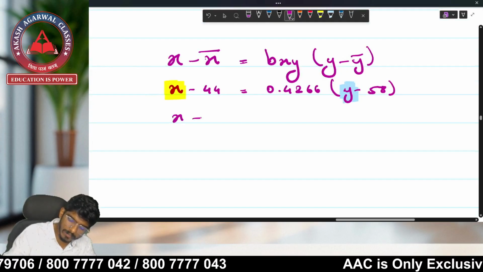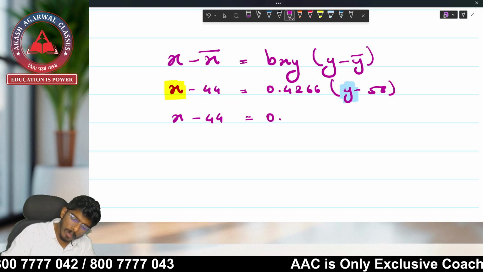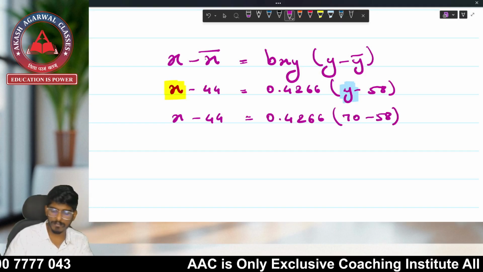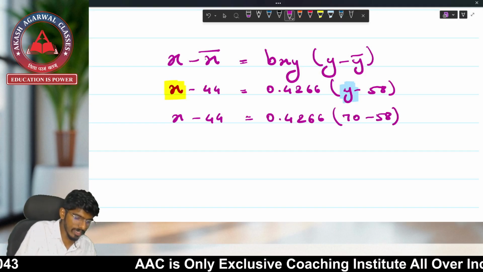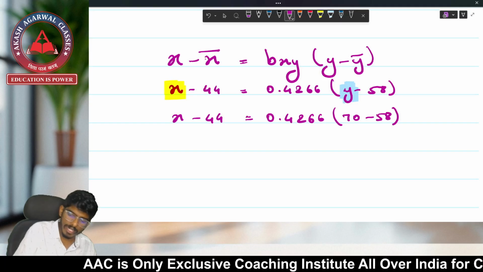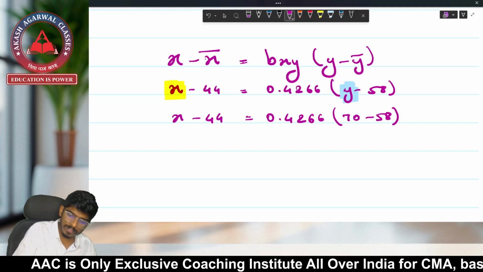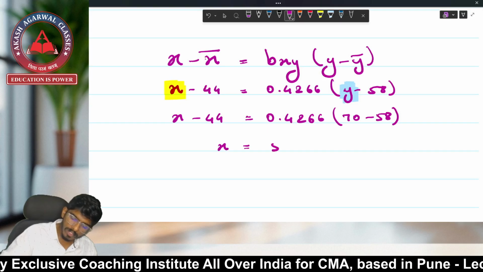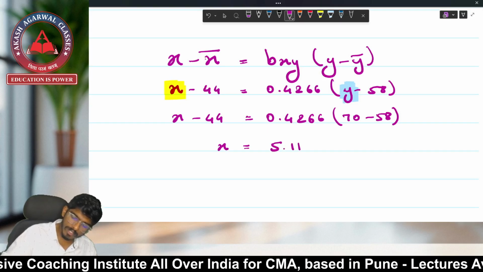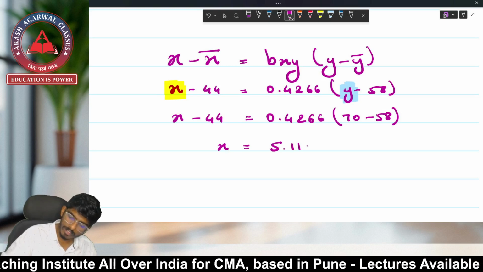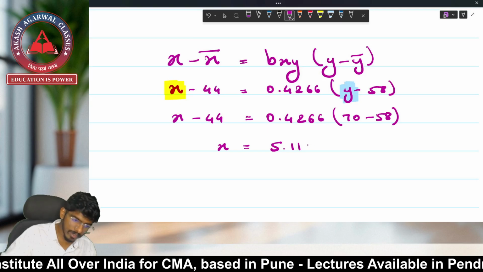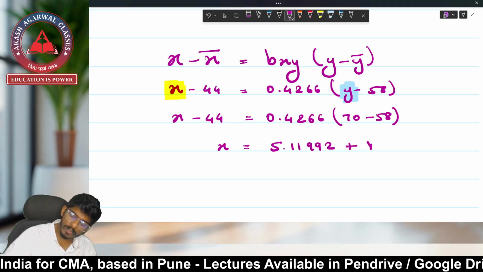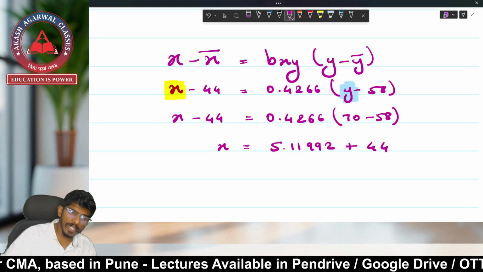So this is going to be X minus 44 equals 0.4266 into 70 minus 58. So this is going to be 70 minus 58 into 0.4266. This is going to be 5.11992. So X is going to be 5.11992, and minus 44 will go that side and become plus 44.